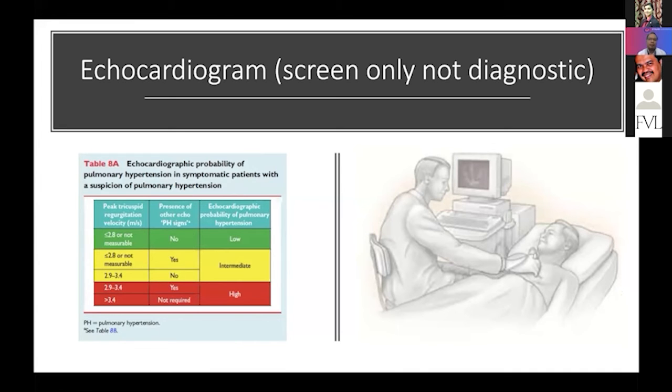So it makes my job really difficult, because when I see an echocardiogram which is suggestive of pulmonary hypertension, I note that this patient has a probable pulmonary hypertension.